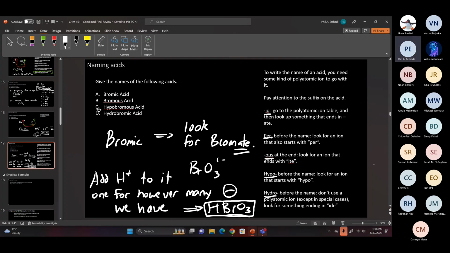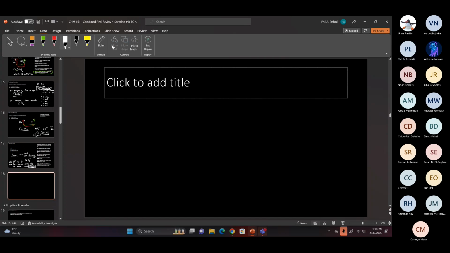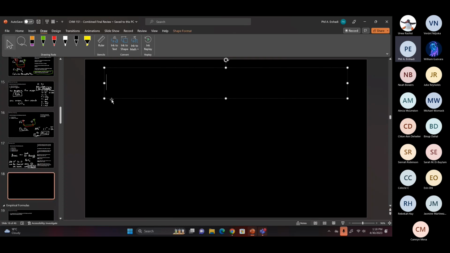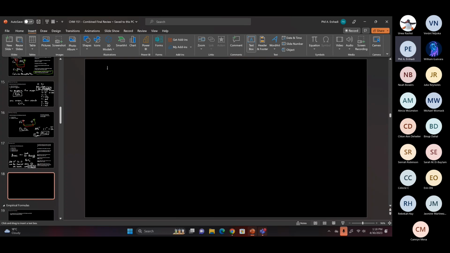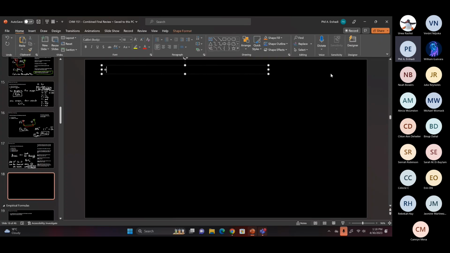All right, we'll do another example of that because I think that wasn't too easy. Let me get the slide ready. So for an additional example, we will find the formula for sulfurous acid.